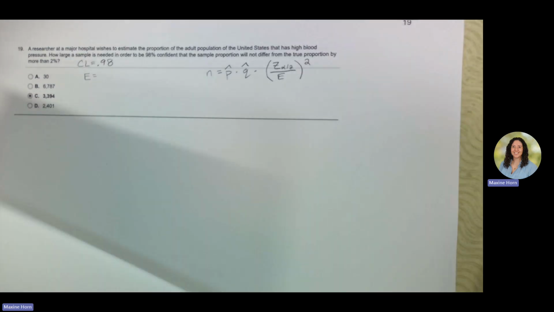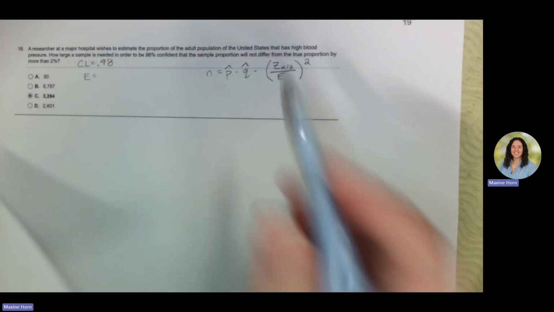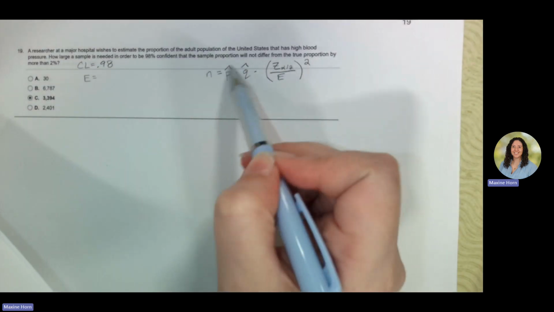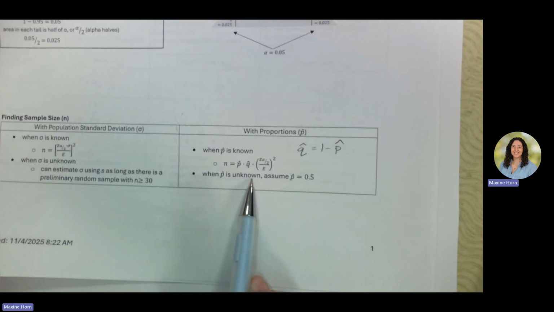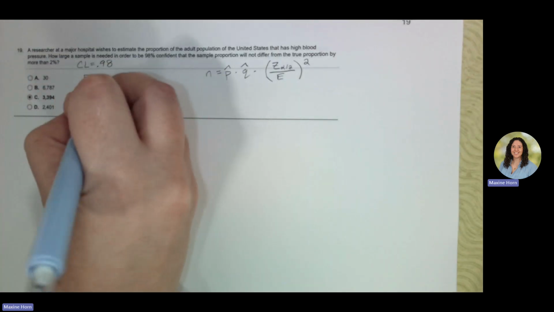Okay. So we didn't write down a p hat, right? But that's okay, because when p hat is unknown, assume that p hat is 0.5. So we're going to assume that p hat is 0.5.